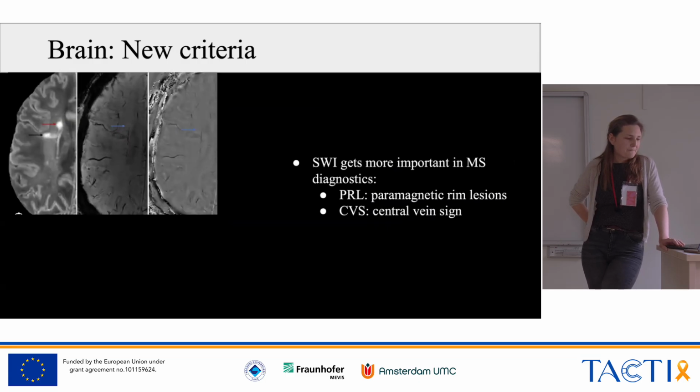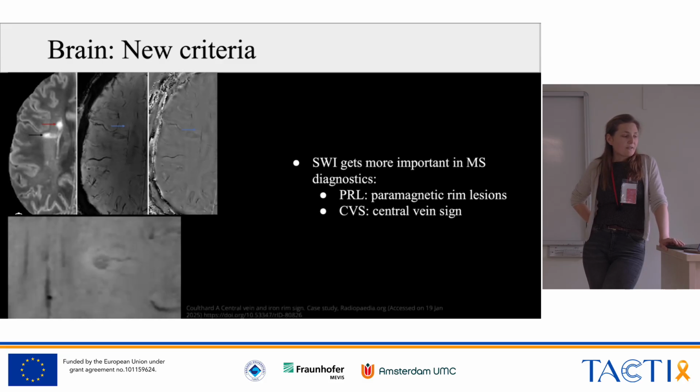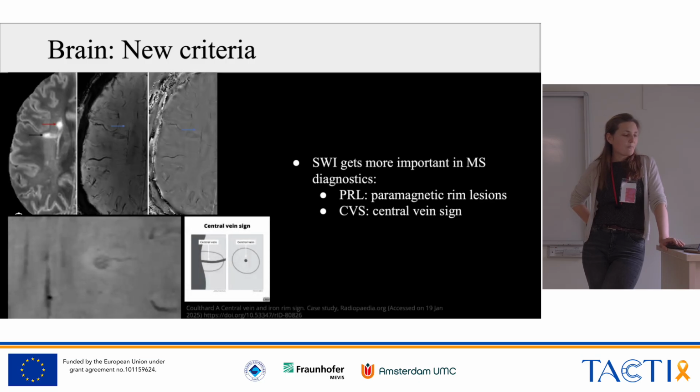Contrast is sometimes helpful to find differentials of MS, because if something pops up, and as you'll show later, it looks like infection, then you're helped very much. Regarding the new 2025 criteria, SWI, as I just said, will have more value. For example, regarding the central vein sign, that will help you diagnose MS lesions and differentiate them from other lesions.